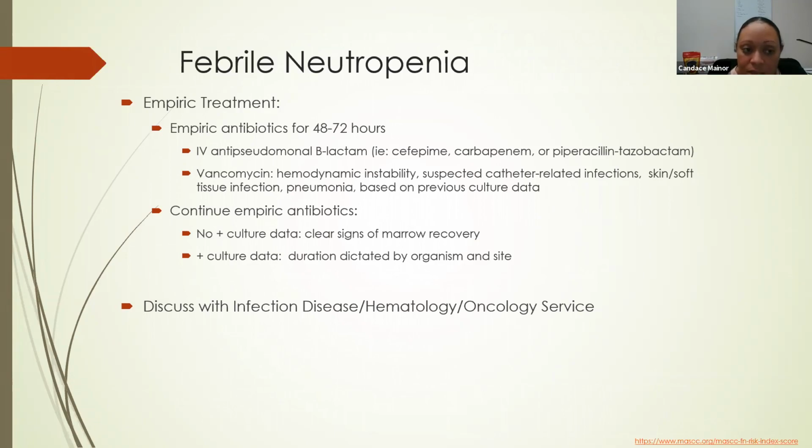As always, if there are any questions regarding the management of a patient with febrile neutropenia, it is perfectly appropriate to consult the infectious disease team, and the HEMONC service could also help with one of our patients with malignancy.